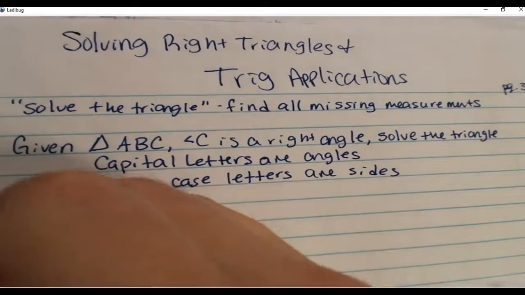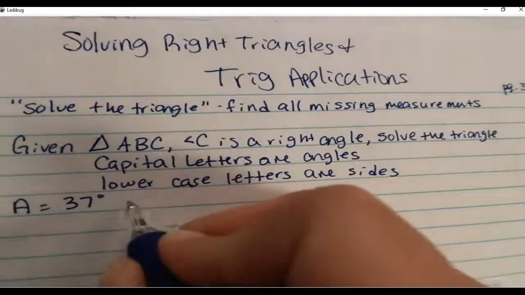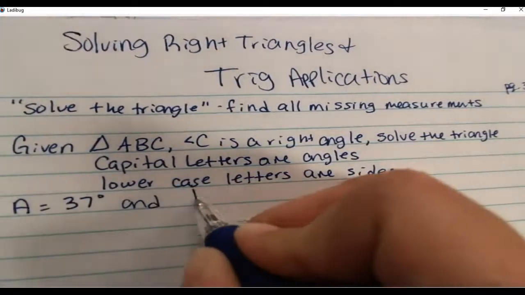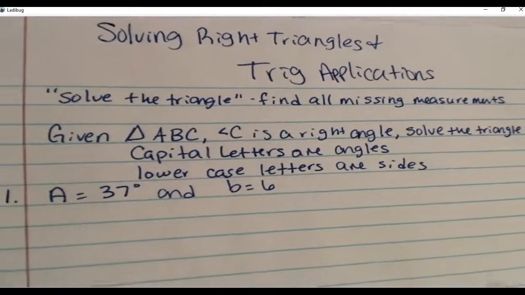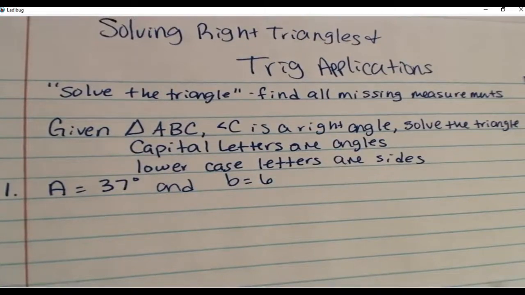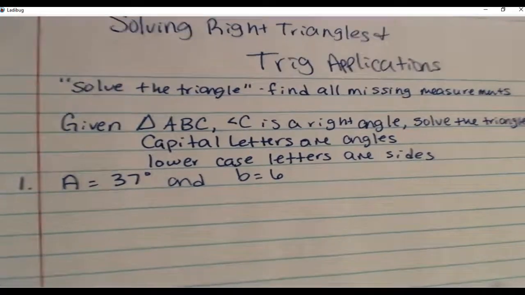So let's look at one. Let's say it tells me big A is 37 degrees and little b is 6. I always like to draw a triangle. I think it helps just keep everything straight.